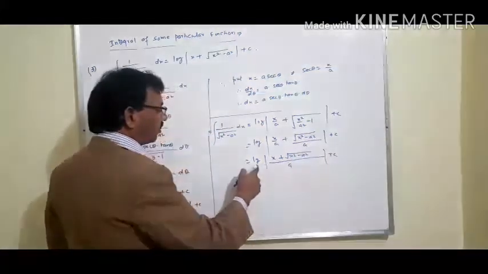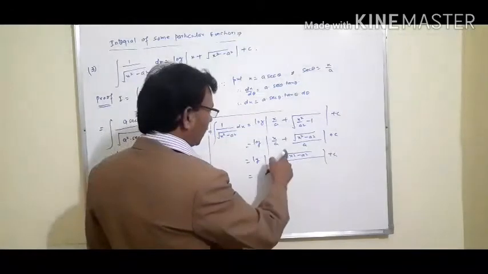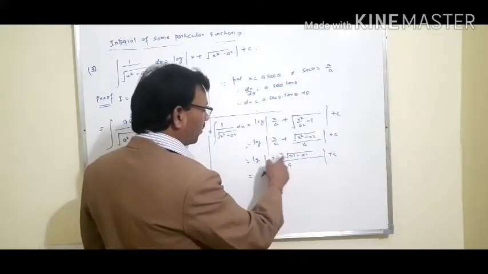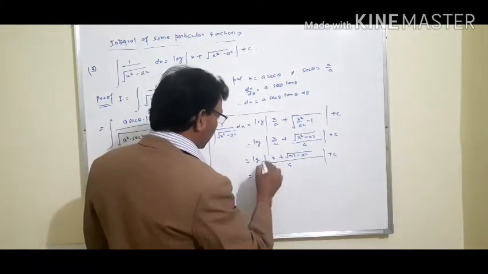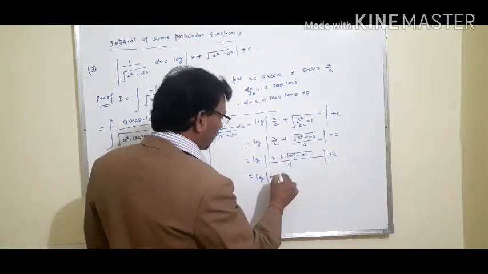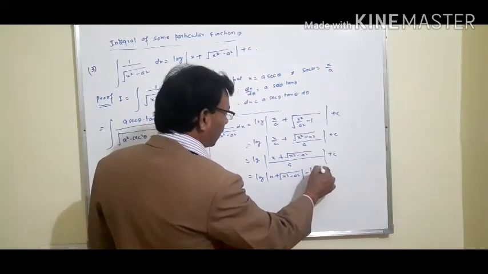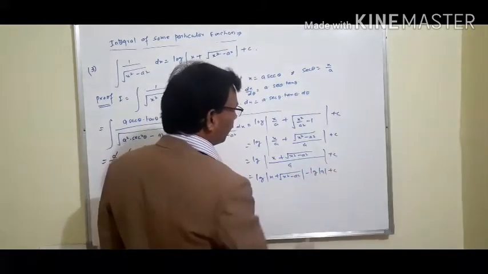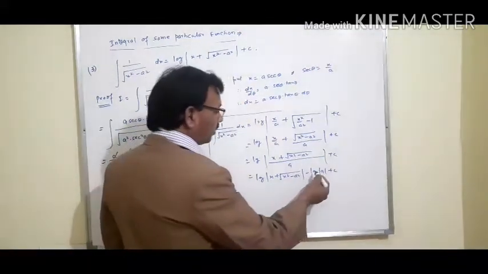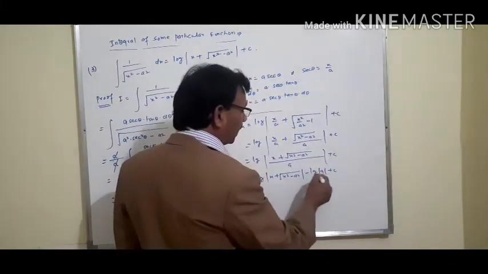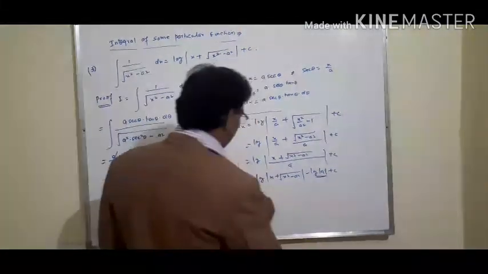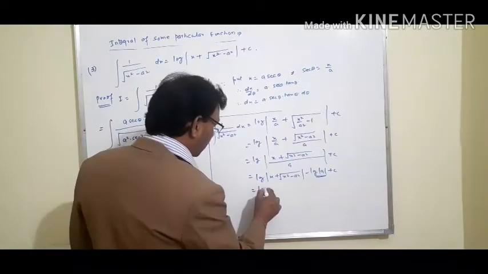Now by the log rule, log m upon n means log m minus log n, so this will be log of x plus root under x square minus a square minus log of a plus c.